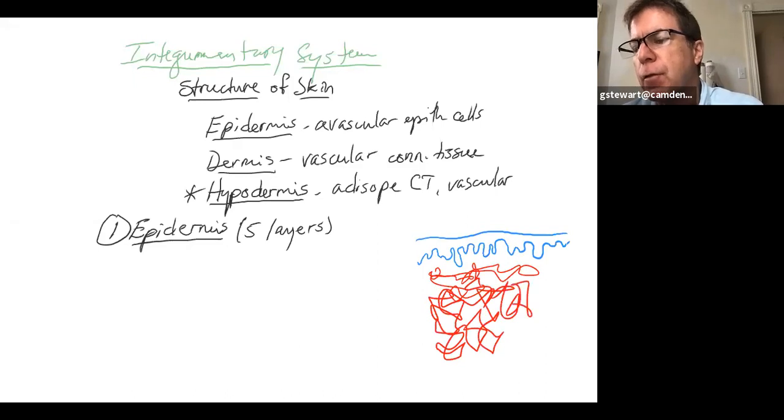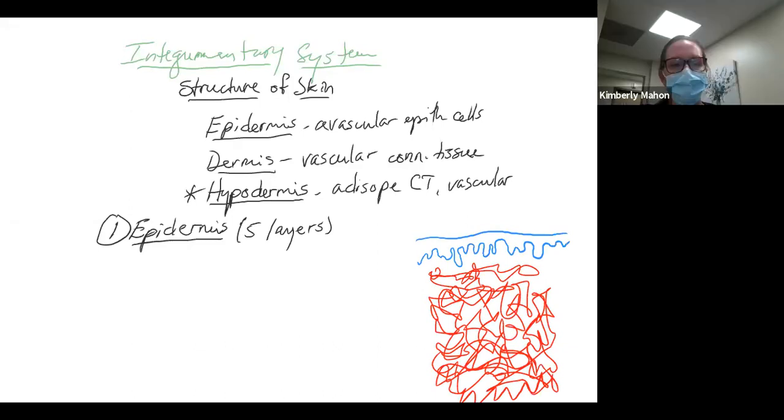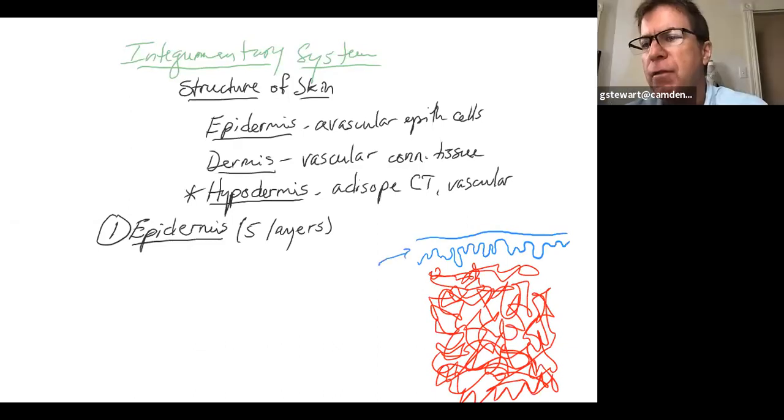This is just to give you a frame of reference of epidermis and dermis. And it would keep going way off my board as well. Everything up here that I've drawn on low magnification of a microscope is epidermis. Everything in red that I've drawn would be dermis.